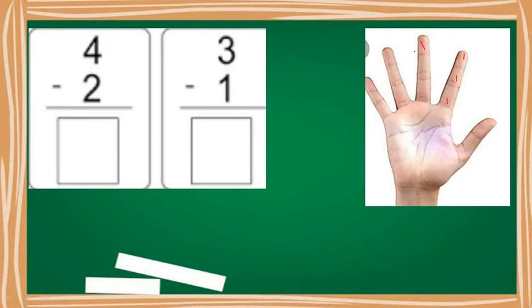Stop there. Now we have to cross out 2. 1 and 2. Now see how many fingertips are remaining there. It is 1 and 2. So we can say that 4 minus 2 is equal to 2.